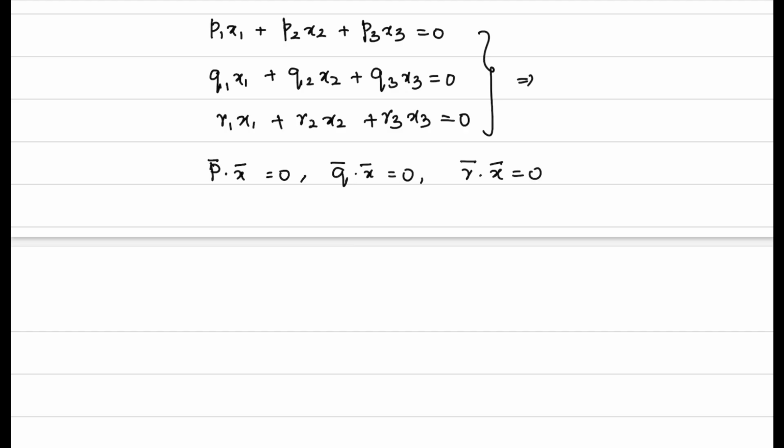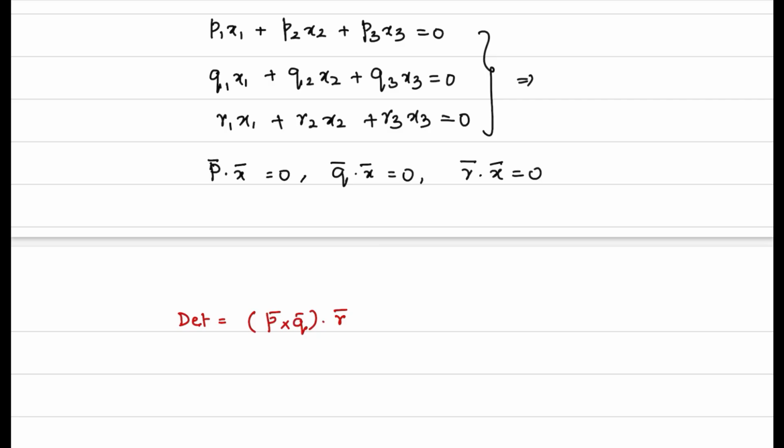Now, for example, I have to find out the determinant of this. How to find out the determinant? Determinant is equal to, in the vector form, please try to understand what is the meaning of determinant in vector form, P cross Q dot R. Determinant is a scalar.